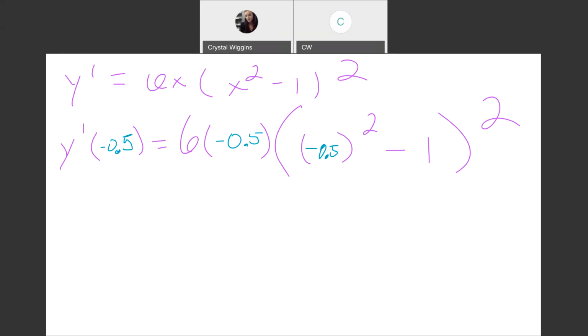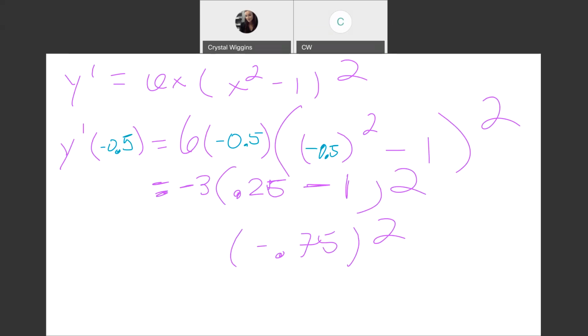Let's do our calculations. Okay, so +6 times a -0.5 is going to be -3. A -0.5 squared is going to be a +1/4, so +0.25 minus 1 is -0.75, but then you square that and it gives you a positive number.